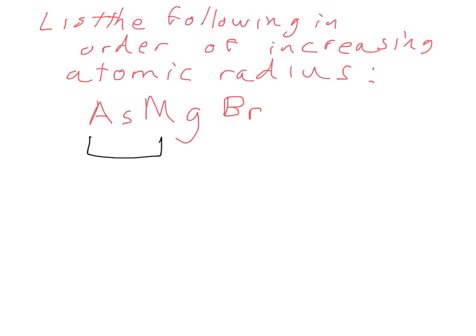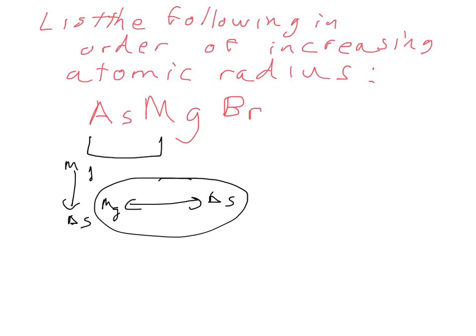The downward direction says that magnesium should be smaller than arsenic, but the left-right direction says that arsenic should be smaller. Remember, when in conflict, we choose the trend told to us by the left-right. So we're going to say that the radius of arsenic is going to be less than the radius of magnesium, or that's going to be our guess.